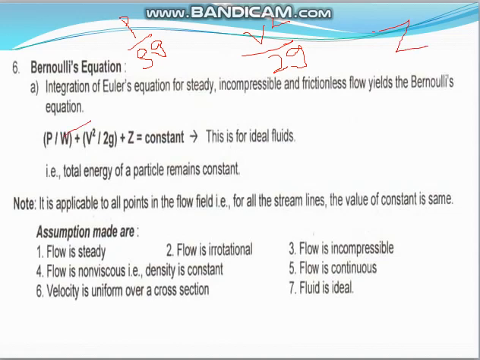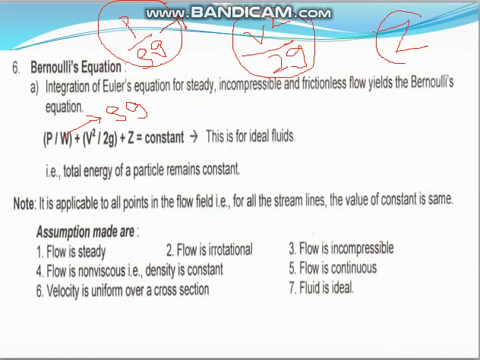The term w is equal to rho g, because specific weight is defined as the product of density and acceleration due to gravity. So the term P by rho g is known as the pressure energy per unit weight of fluid, or simply the pressure head. Coming to V square by 2g, it is the kinetic energy per unit weight, or simply kinetic head.